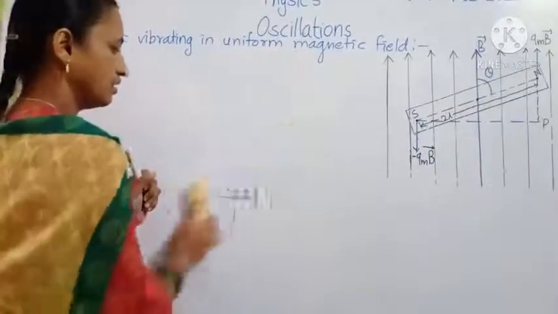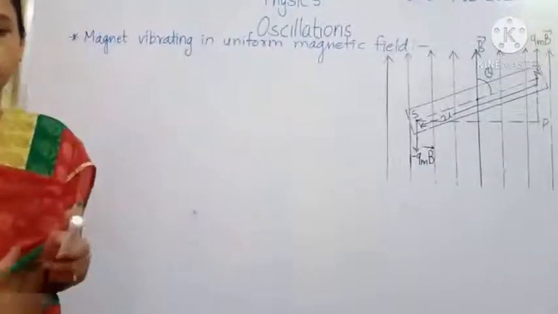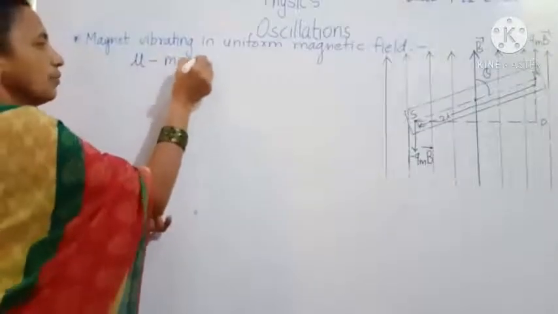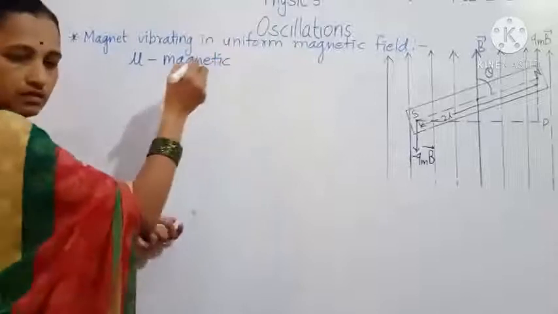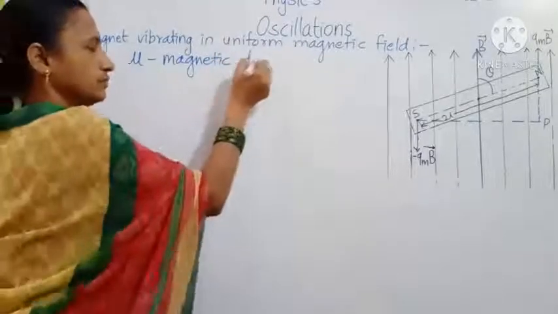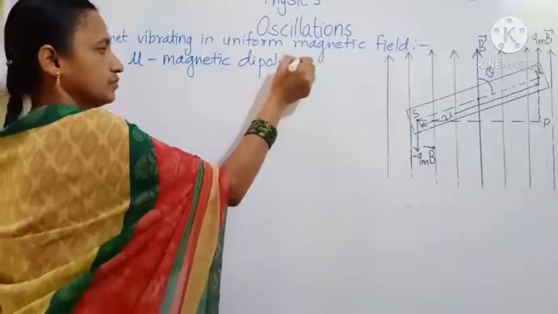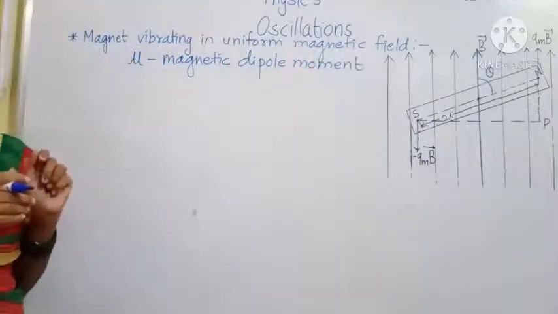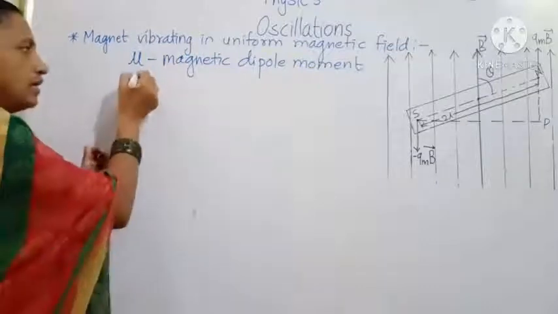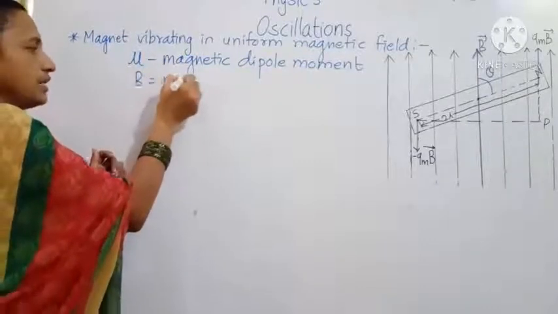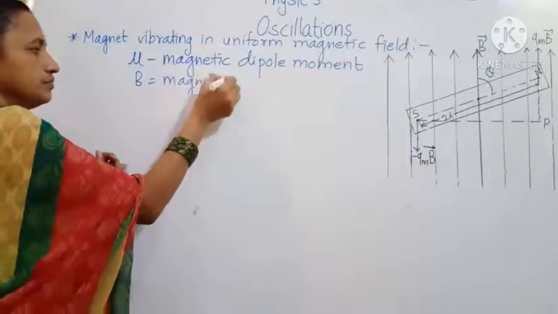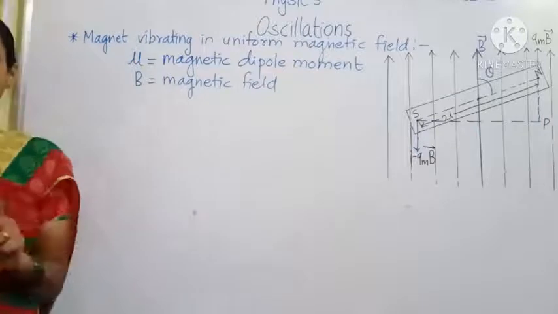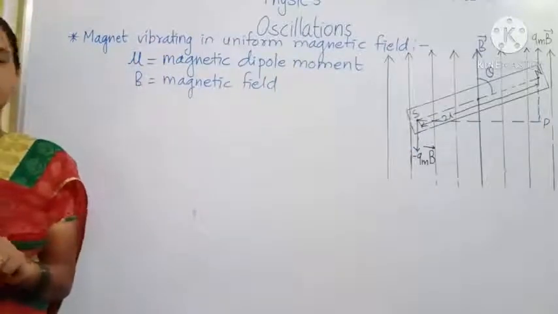We have to see that let mu be the magnetic dipole moment and B is the magnetic field.